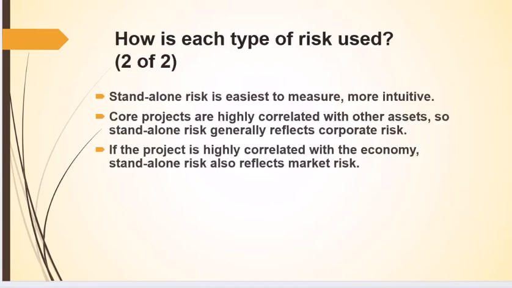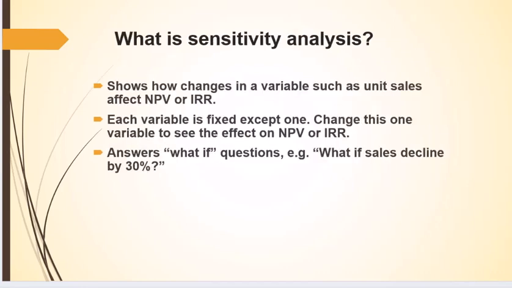So what is the best thing to do? Essentially, standalone risk, since it's the easiest to measure, is typically what we're going to use as long as it is highly related to the company's other assets.